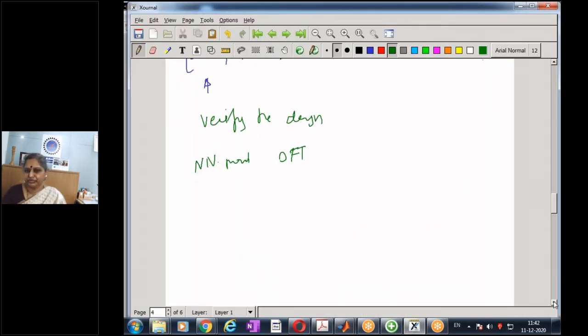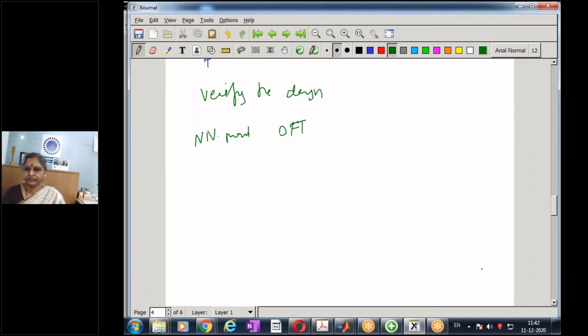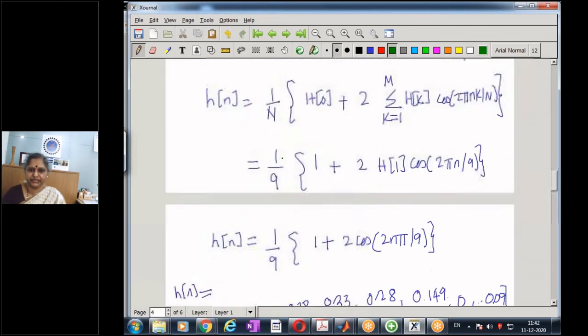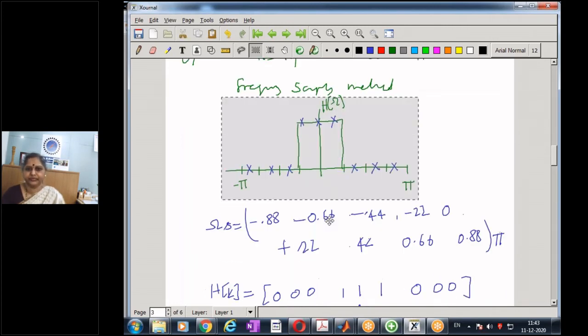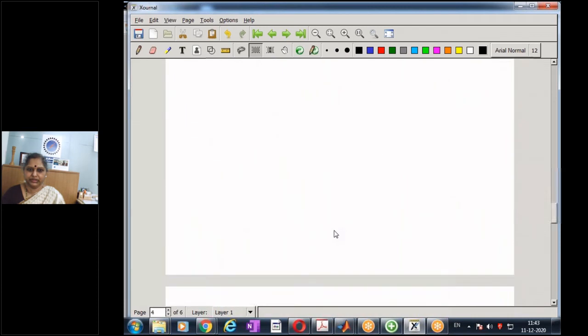So now if I try to get the same figure, let us put our designed filter's response in the same plot so that it becomes clear.